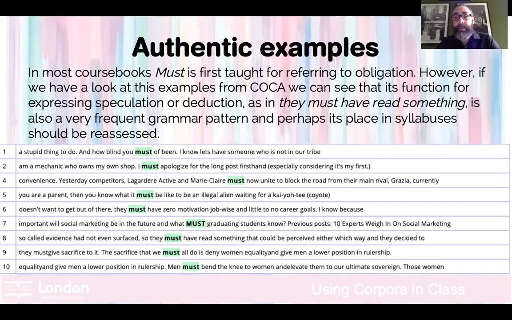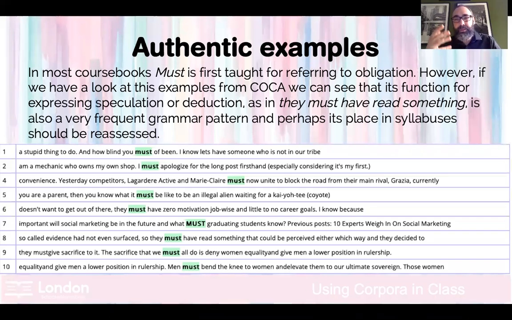Now, if we analyze corpora, we will see that, of course, must with this meaning of obligation is very common, okay? However, if we have a look at this example from COCA, we can see that its function for expressing speculation or deduction, as in they must have read something, is also very frequent, okay?